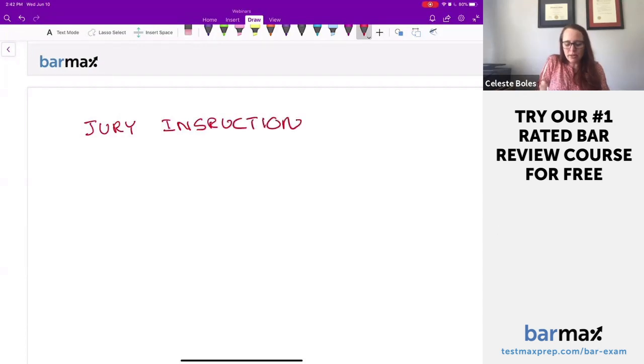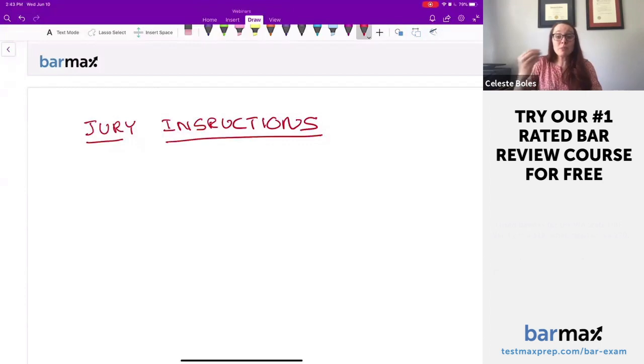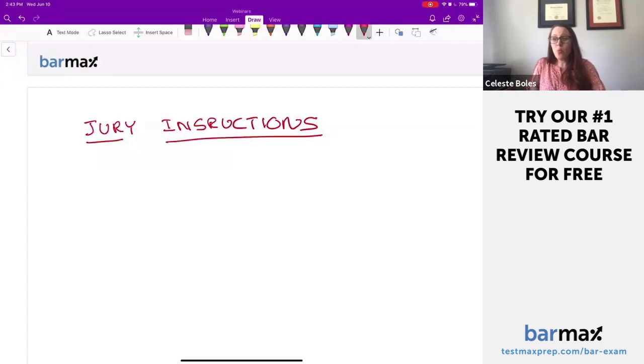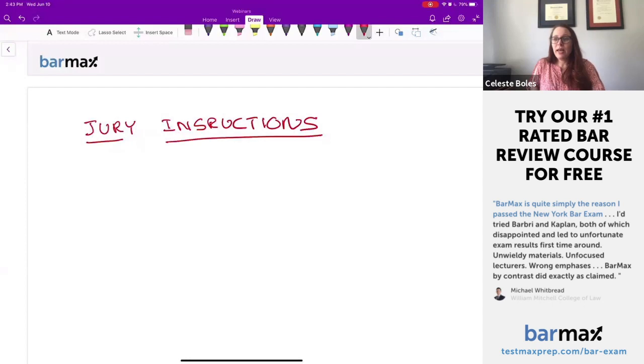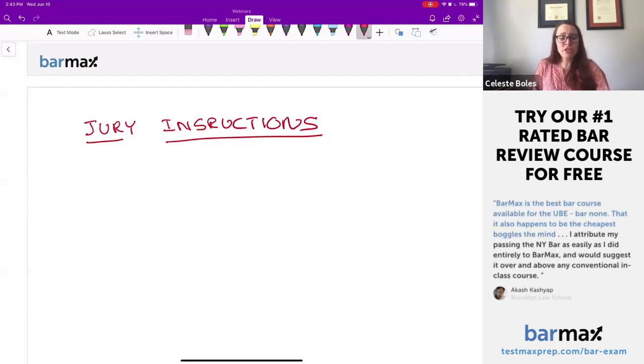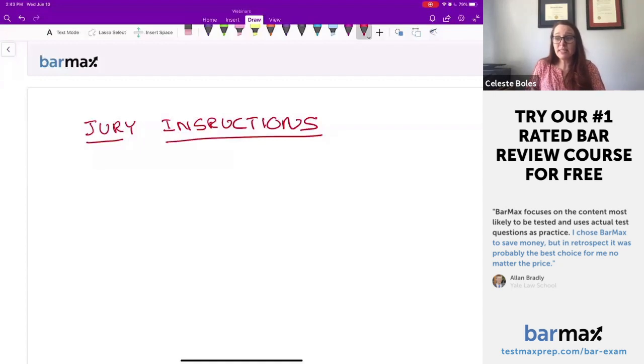And sure, there are some rules regarding juries that are covered in civil procedure, and there are some specific types of jury instructions that are covered in evidence. But when you see a fact pattern about a particular tort, and then it says, did the judge properly instruct the jury about the assumption of risk defense? Okay, that's a torts question.